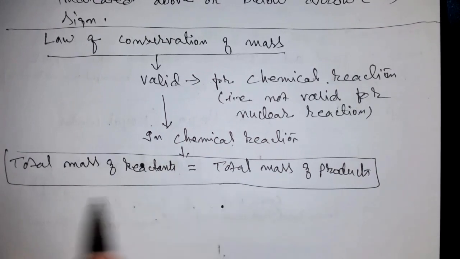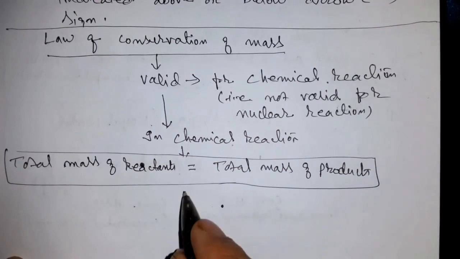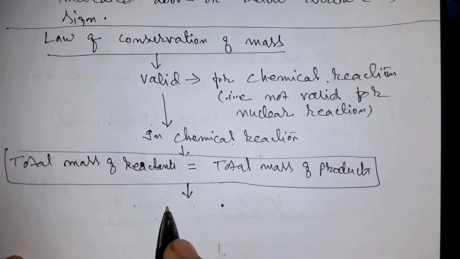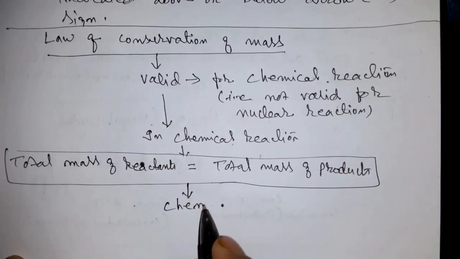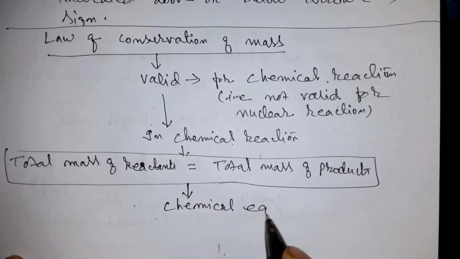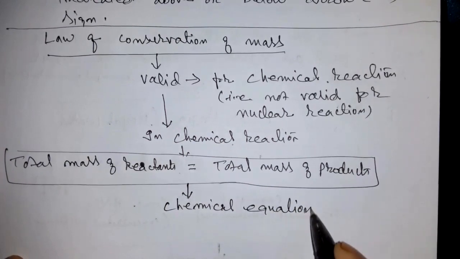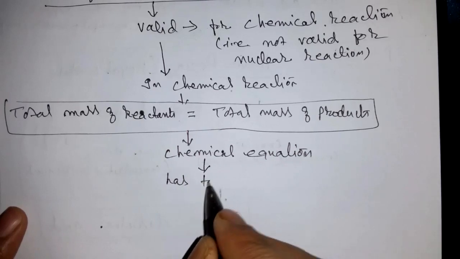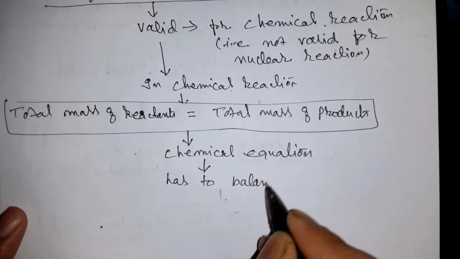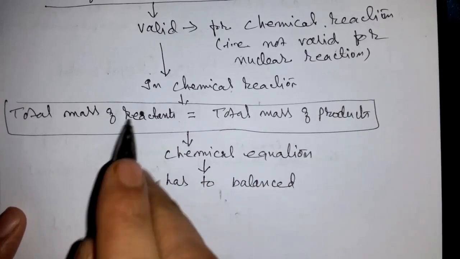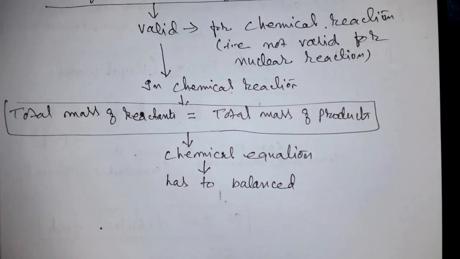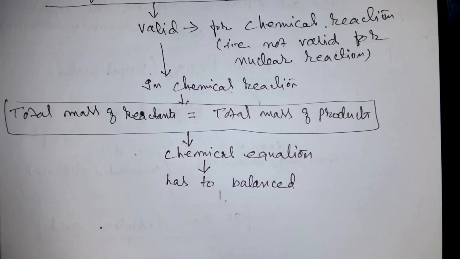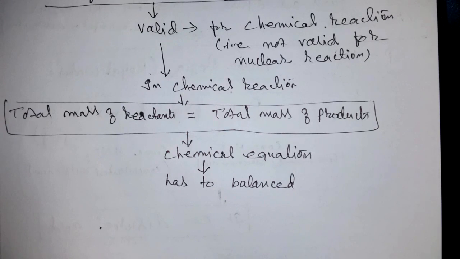And to make this law correct, what we have to do is the chemical equation has to be balanced. Then only these two will be equal. In some cases, it will be equal even without balancing, because some chemical equations are balanced without adding any number.